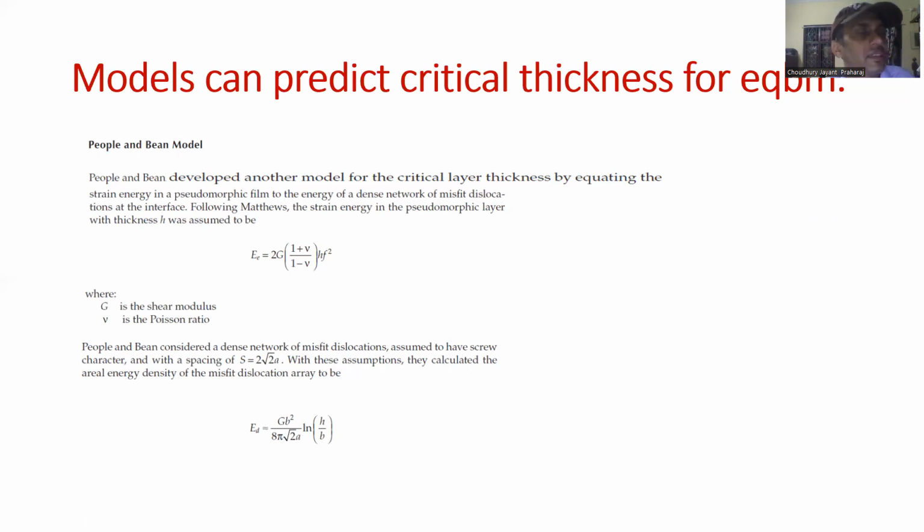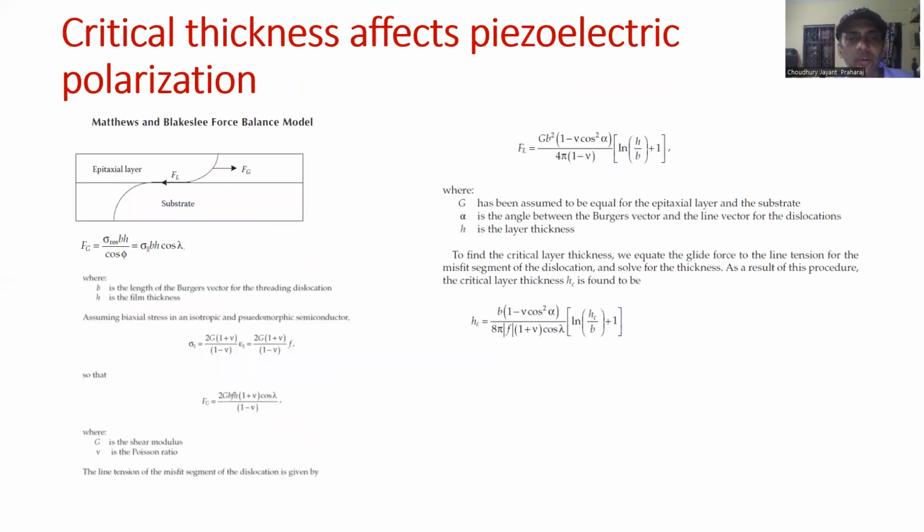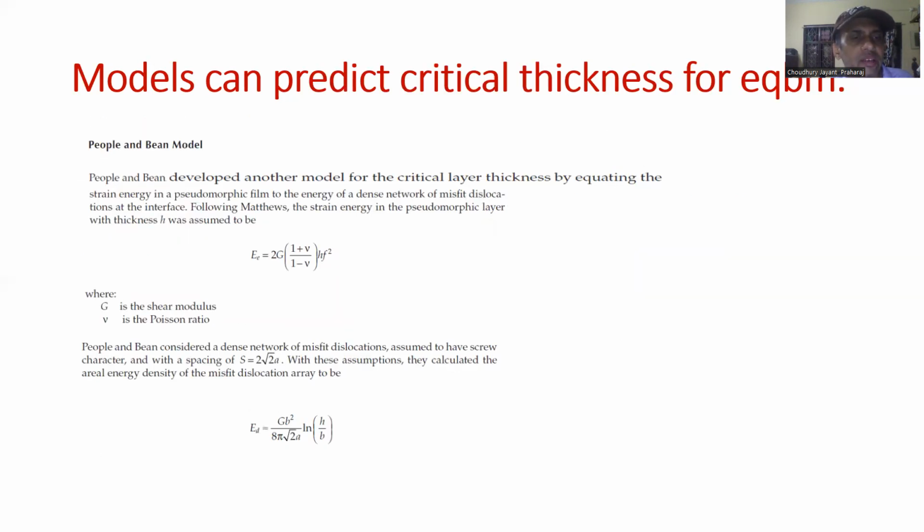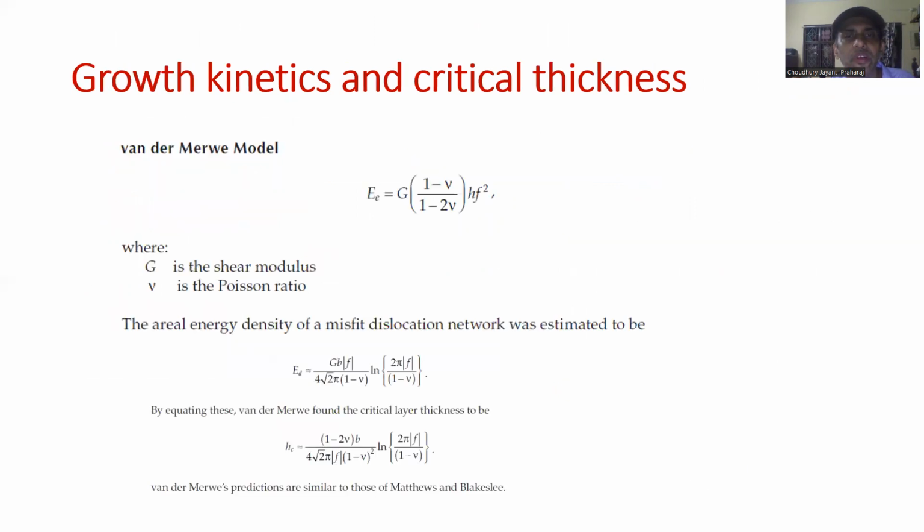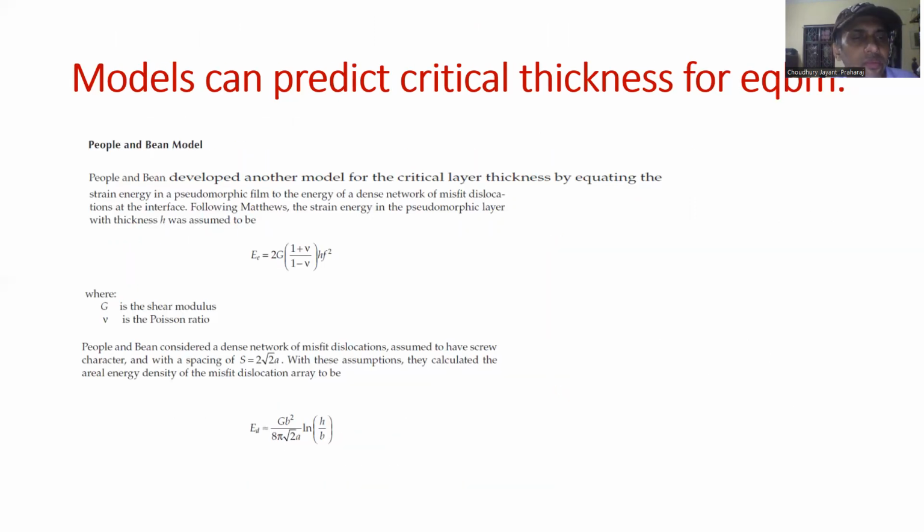These non-equilibrium effects basically determine the critical thickness and piezoelectric polarization in the materials. For example, we have the so-called Matthews-Blakeslee model, then we have the People-Bean model, another kind of model. Then we have the so-called Van der Merwe model, which predict these critical thicknesses.